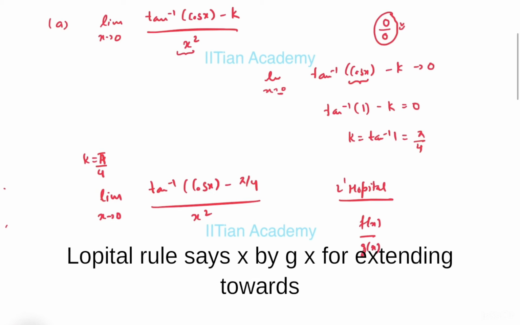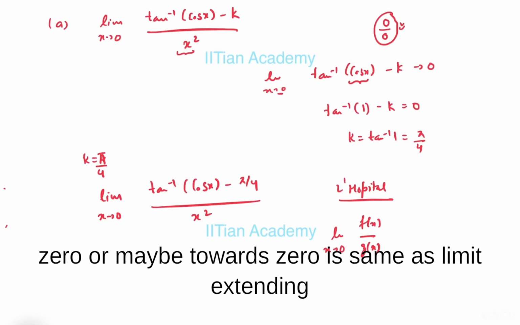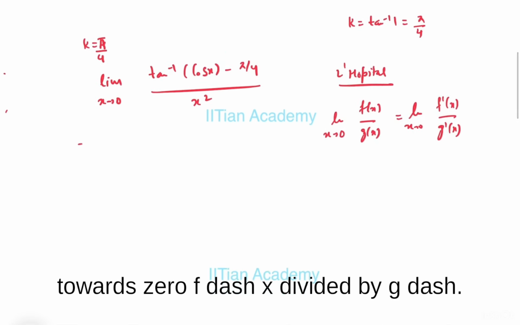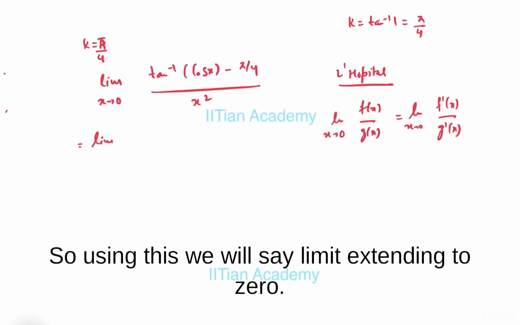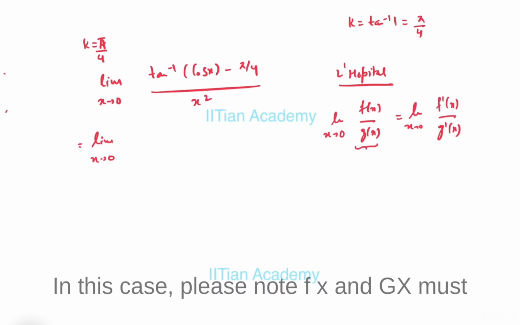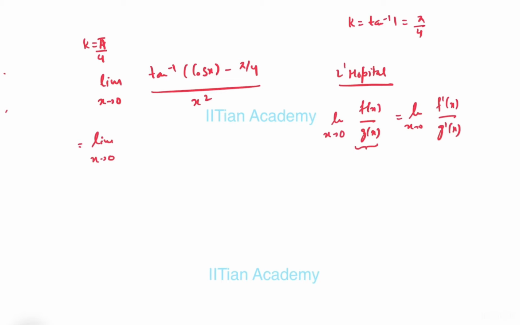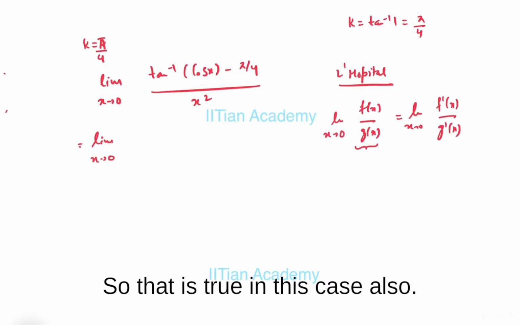The L'Hopital rule says limit of f(x) by g(x) for x tending towards 0 is the same as limit x tending towards 0 of f dash x divided by g dash x. In this case, please note f(x) and g(x) must be tending towards 0 when x is tending towards 0. So that is true in this case also.